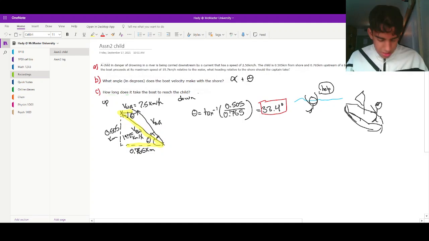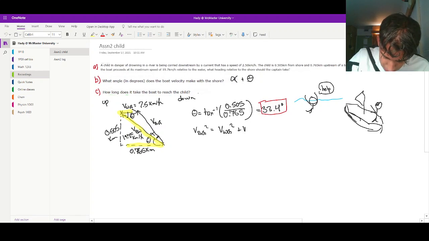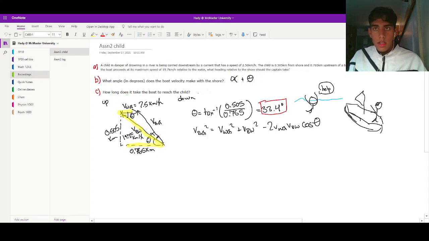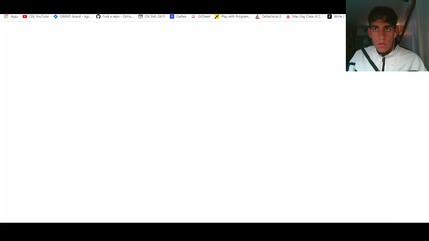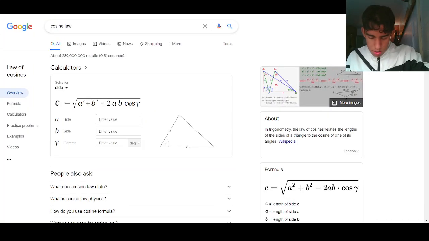So what do we see here? We see cosine law. So we have our velocity of the boat to the ground squared equals velocity of the water to the ground squared plus velocity of the boat to the water squared minus 2AB cos theta. And I am too lazy to plug that in, so we'll do a cosine law thing here.